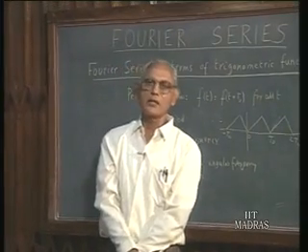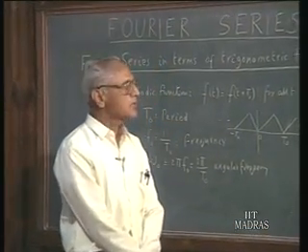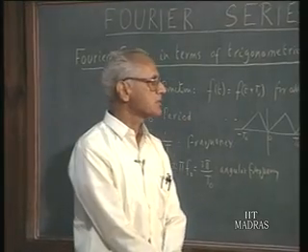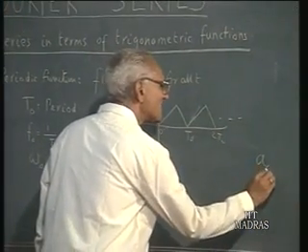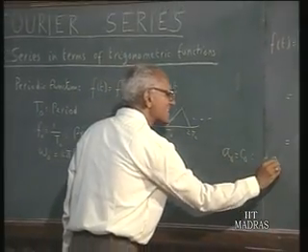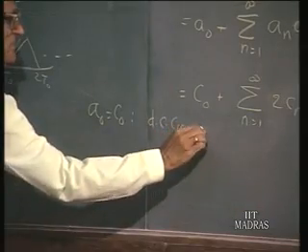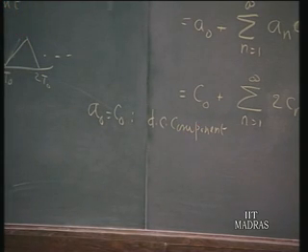They are all integral multiples of the basic frequency omega naught, so they are called harmonic frequencies. A_0, which is also equal to C_0, is called the DC component of the signal because it's a steady value.